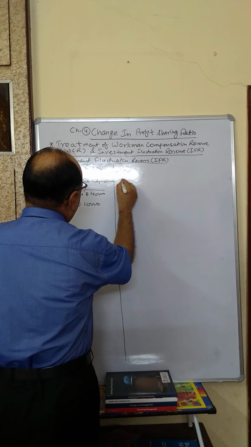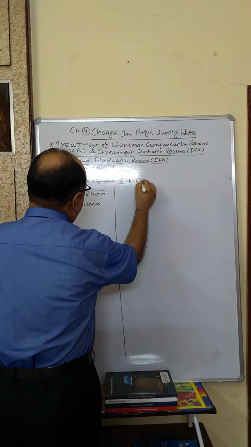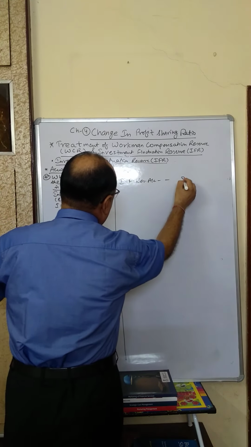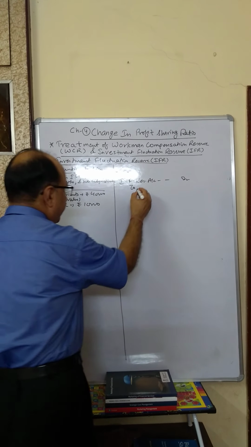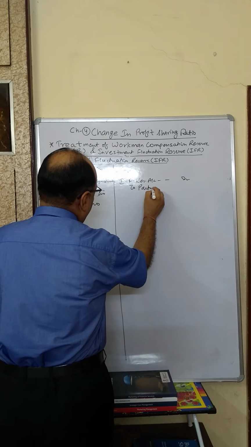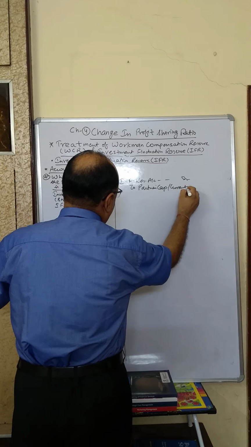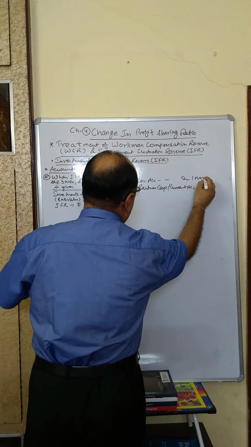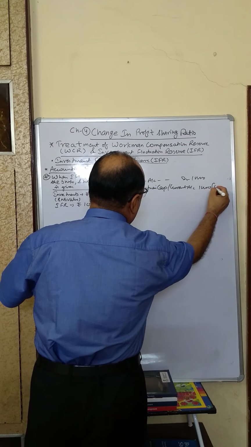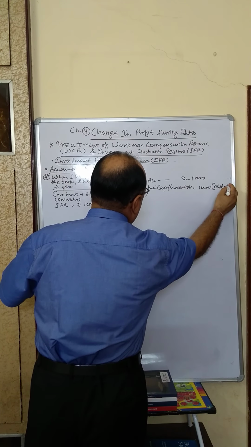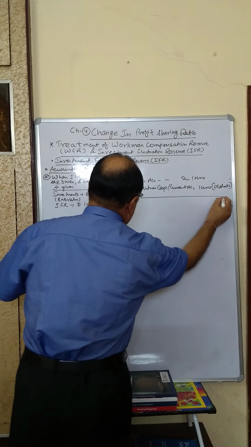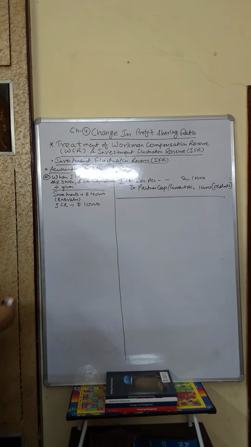So the entry will be IFR account debit to partners capital or current account, 10,000 debit, 10,000 credit. It will be in the old ratio.